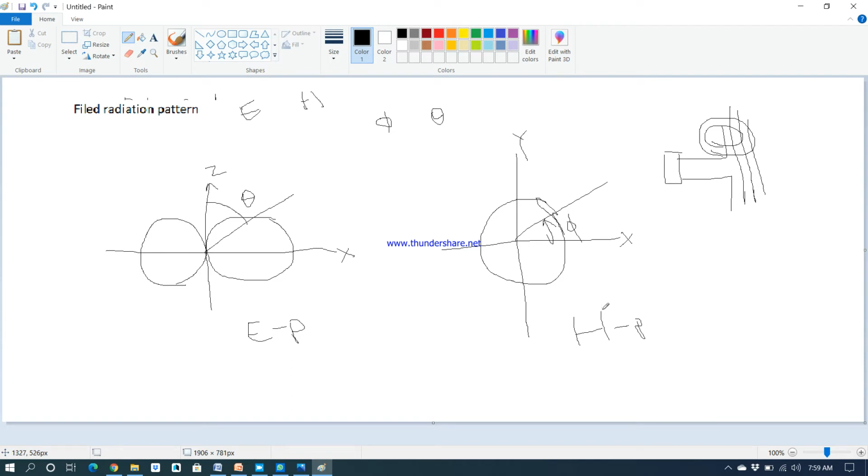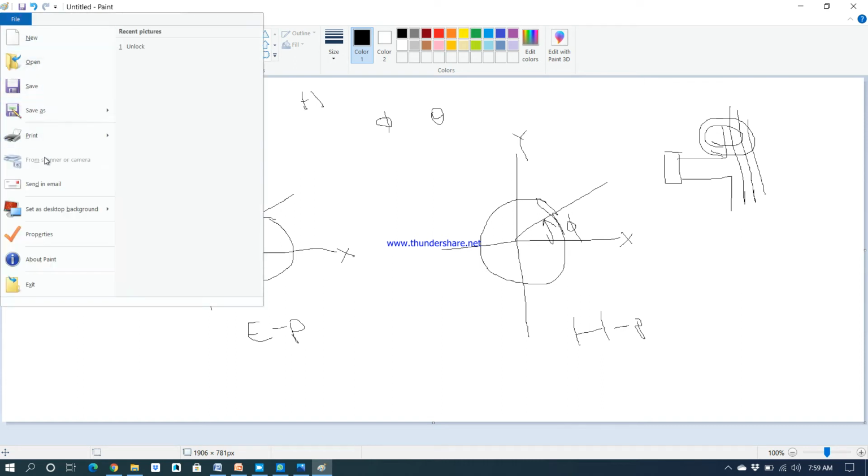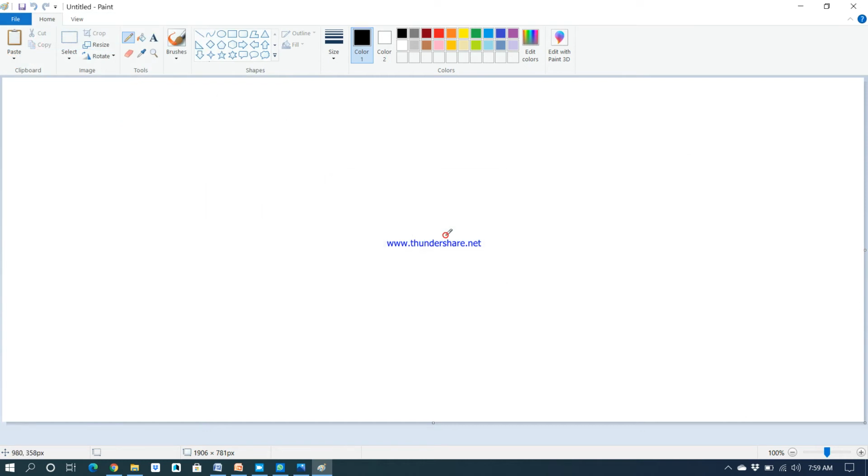Now I want to draw some other pictures, antenna radiation patterns.